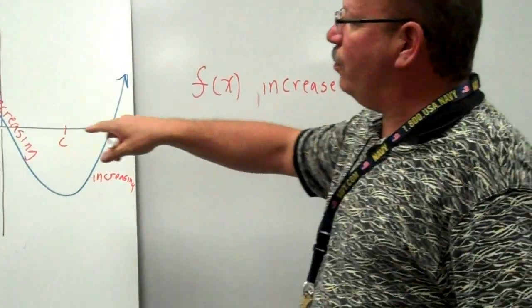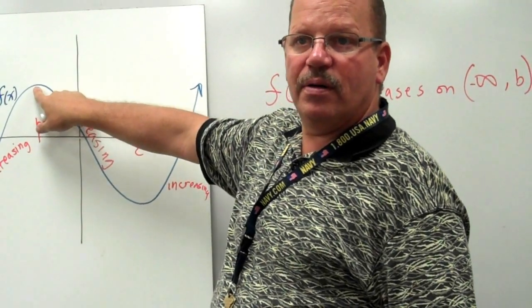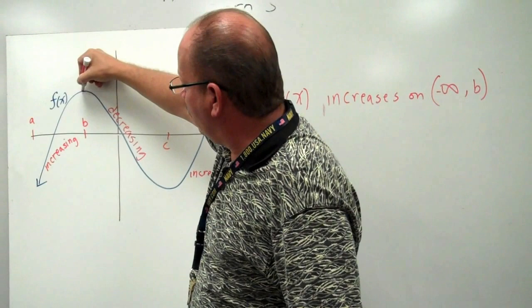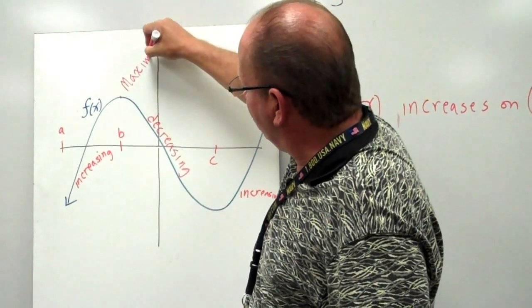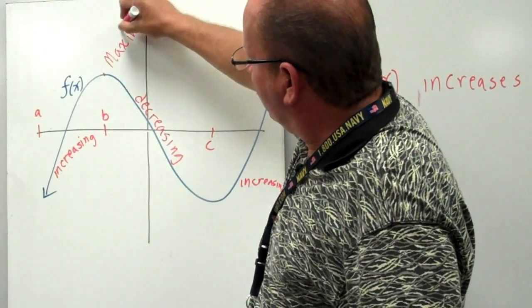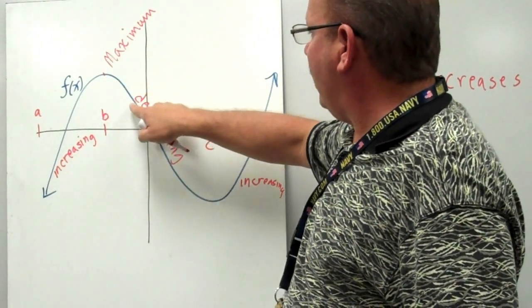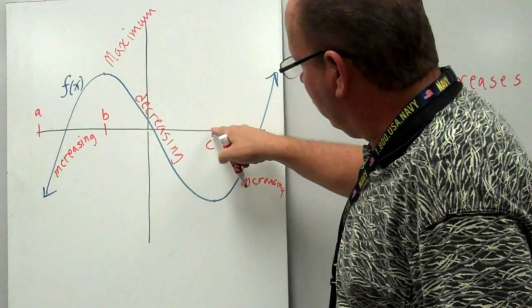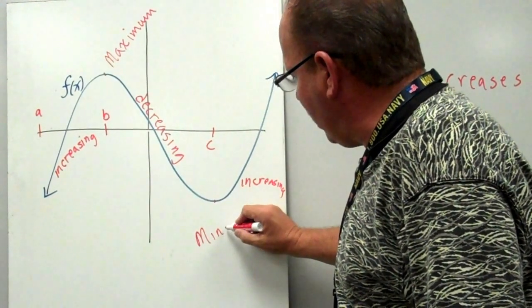But it doesn't include b. At this one point, it's not increasing anymore. This one point is what we call a maximum. This is the highest that the graph goes. And again, it decreases until it gets to this point. This point is called, logically, the minimum.